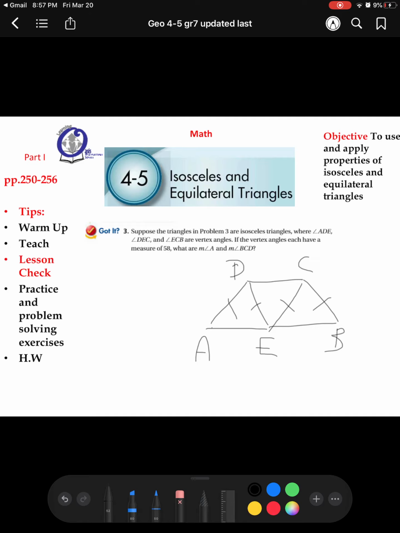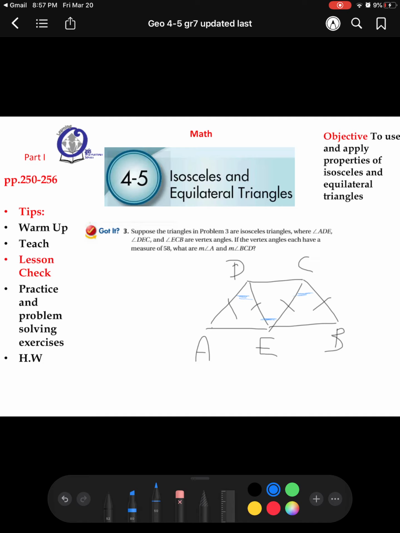Where the angle ADE is the first angle, DEC is the second angle he's talking about, and ECB is the third angle. What are these? Vertex angles, okay?